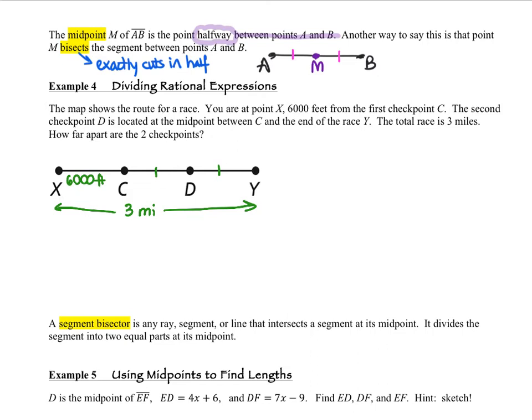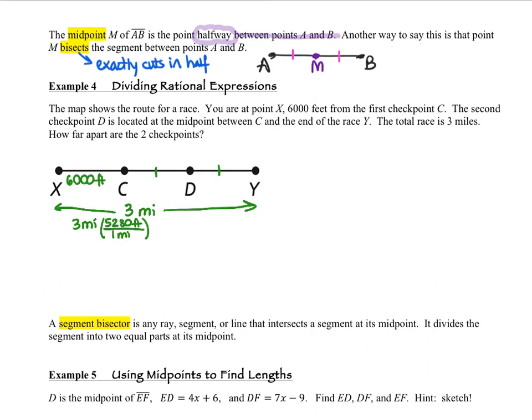So one thing we notice right away is that we've got mixed units. We've got 6,000 feet from point X to point C, but we've got 3 miles from point X to point Y. So what we're going to do is convert our 3 miles into feet. There are 5,280 feet in 1 mile.